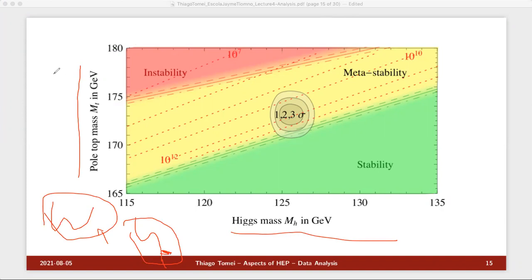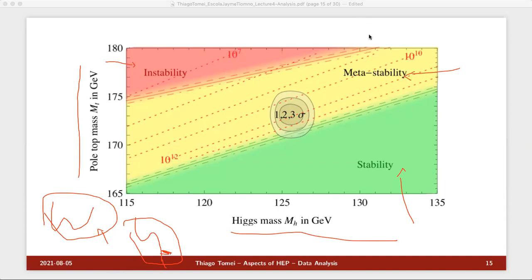These quantum corrections depend on the Higgs mass, to first approximation, and the top quark mass. And by quantum corrections, I mean also higher order corrections in the perturbative expansion. But bottom line is that depending on the value of the Higgs mass and the top mass, the vacuum may be unstable, it may be stable, or it may be metastable.